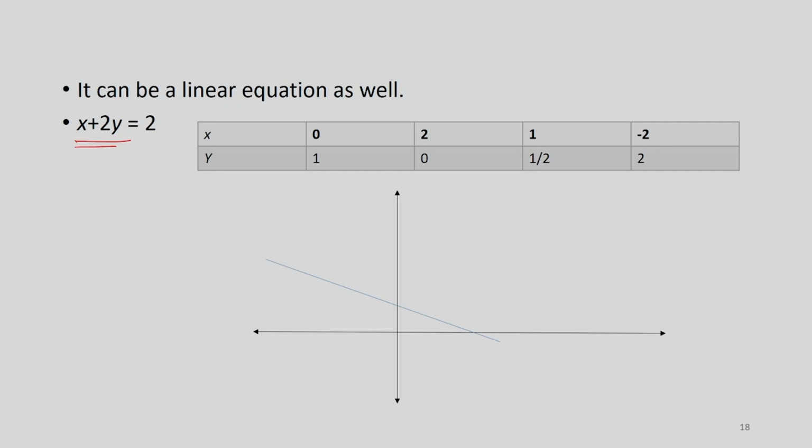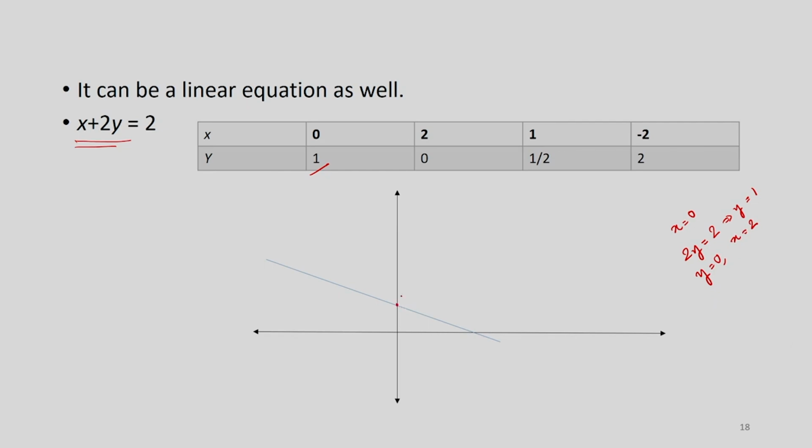Suppose you put x is equal to 0, what do you get? 2y is equal to 2, so y is equal to 1. If you put y is equal to 0, then x is equal to 2. Okay. So, let us see what these points are: x 0, y 1.